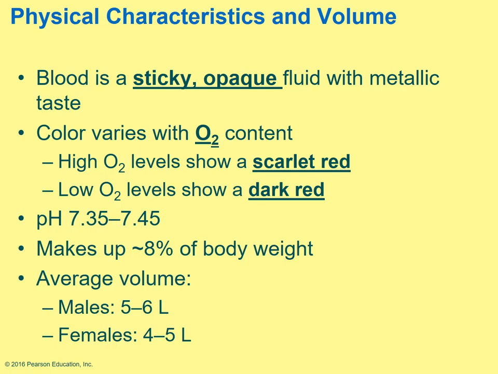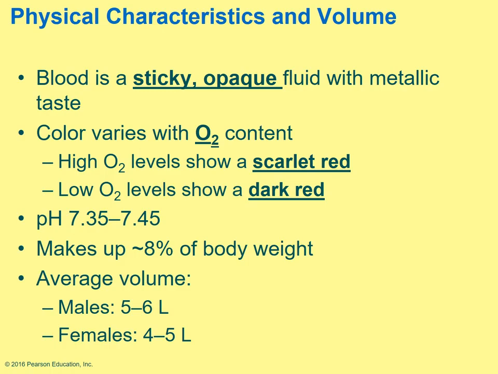If it has a high oxygen content, then it's a very bright scarlet red. If there's low oxygen, then it actually looks like a dark red. Because it's traveling through the veins, you might say, well, my veins look more bluish purple. Part of that has to do with the layers of the walls of the blood vessels, but it's actually a darker red.